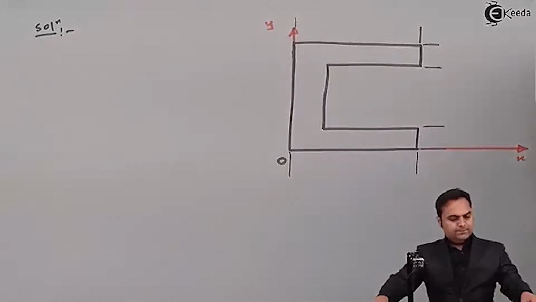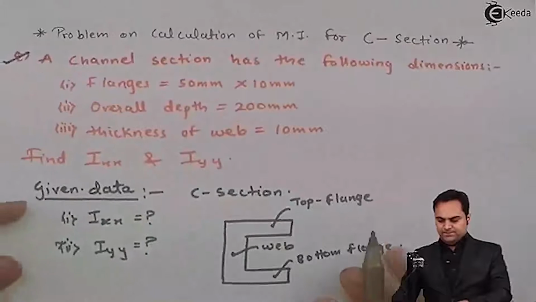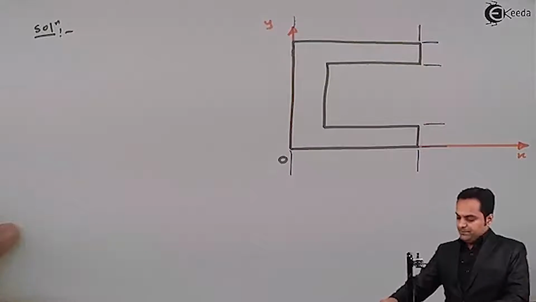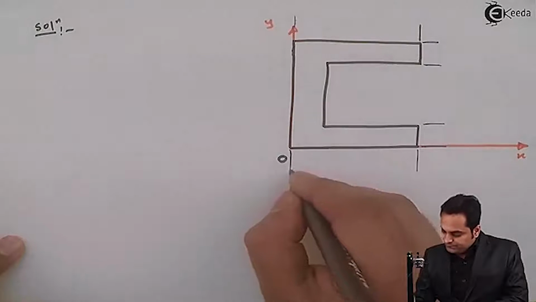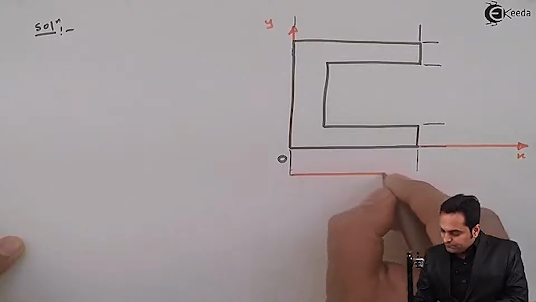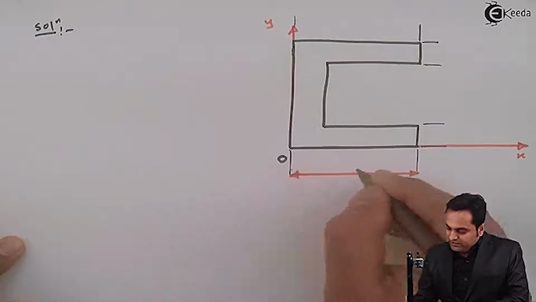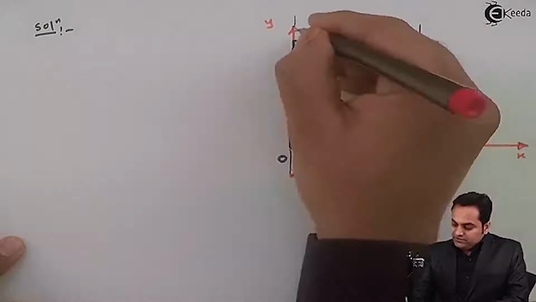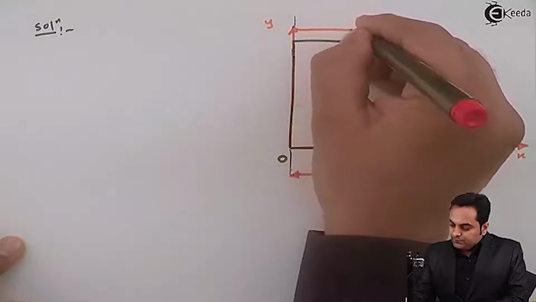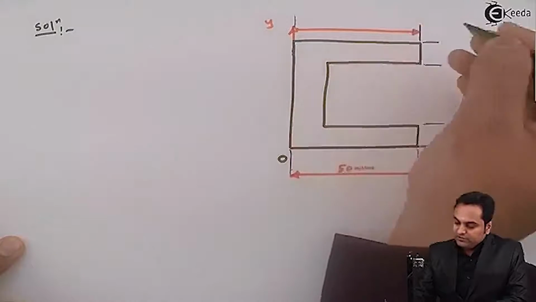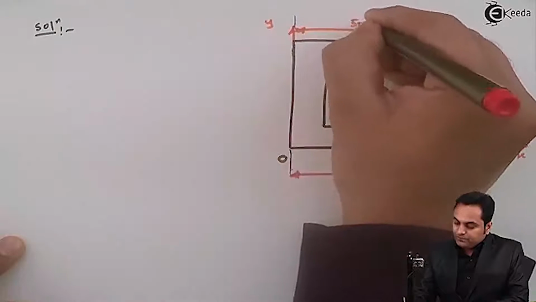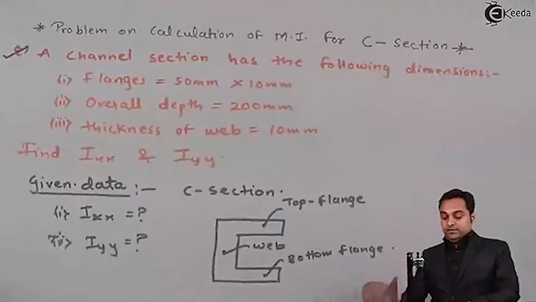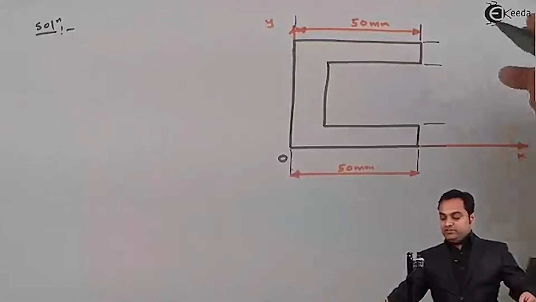It is given that the flanges are 50 mm into 10 mm. So the width of the flange is 50 mm, both for bottom as well as top flange. The width will remain the same, 50 mm. Then it is 50 into 10, so the width is 50 mm.